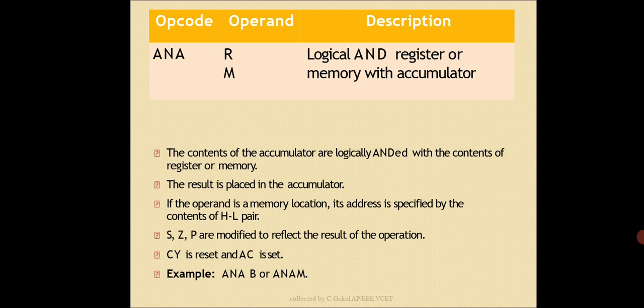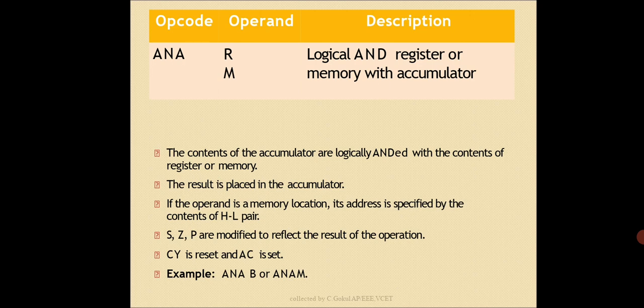S, Z, P flags are modified to reflect the result. Carry flag is reset and AC flag is set. So CY, that is the carry flag, is reset in this AND instruction, and AC is set.